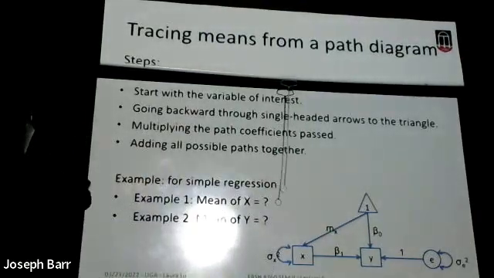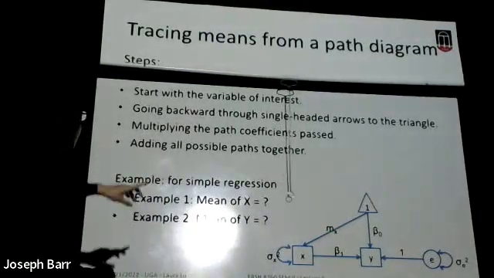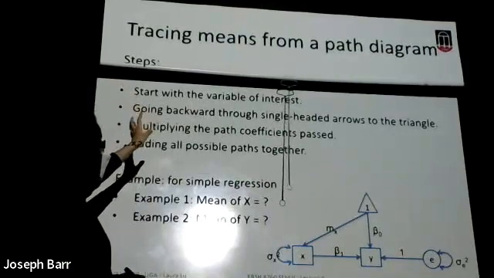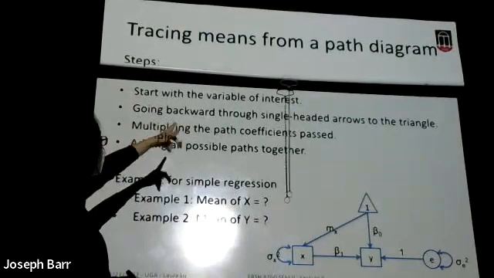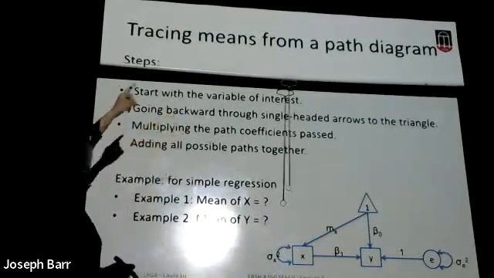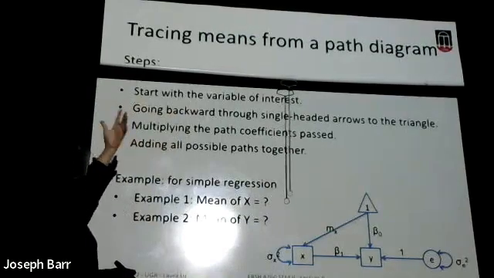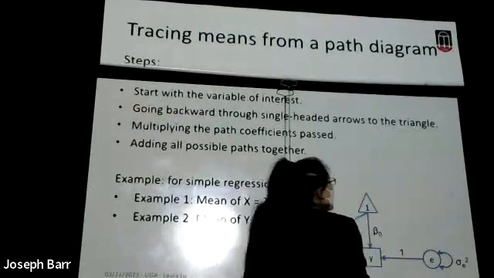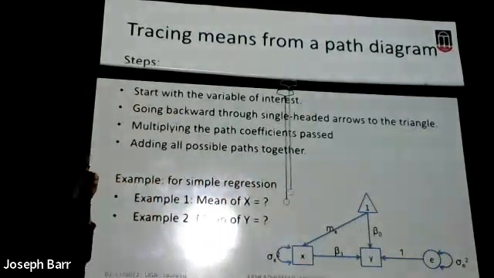Start from the variable of interest. That's one rule, just like the variance part. For the variance tracing rules, we always start from the variable of interest. And then go back through a single-headed arrow to the triangle. The final point is the triangle because it's about the mean.